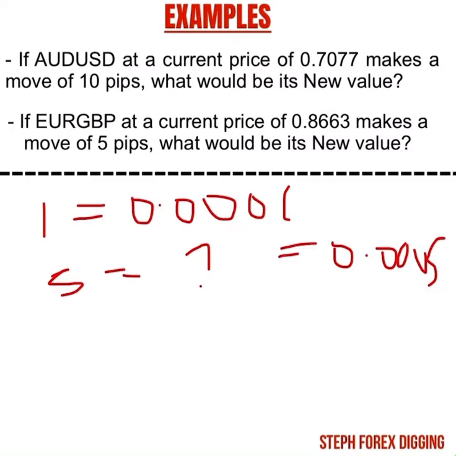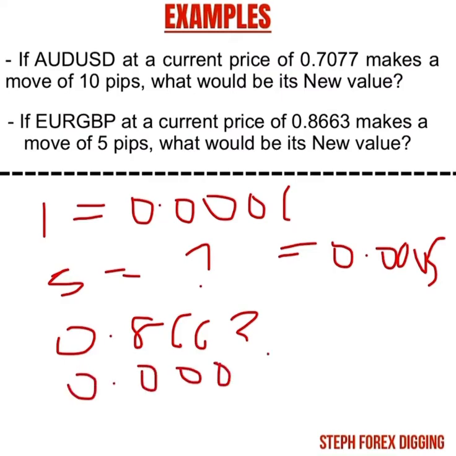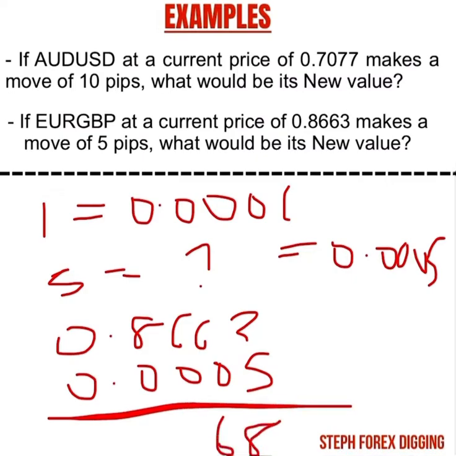So what you just do now is say 0.8663 plus 0.0005. So here 3 plus 5 is 8. This is 0.8668. So you see.